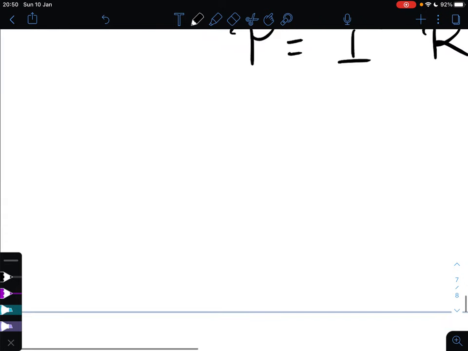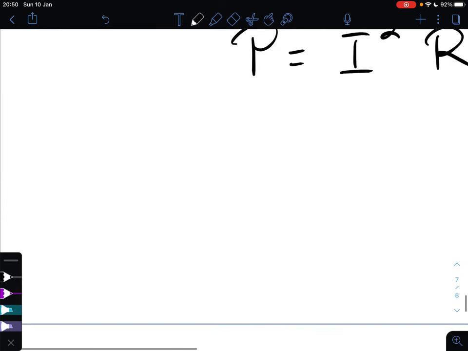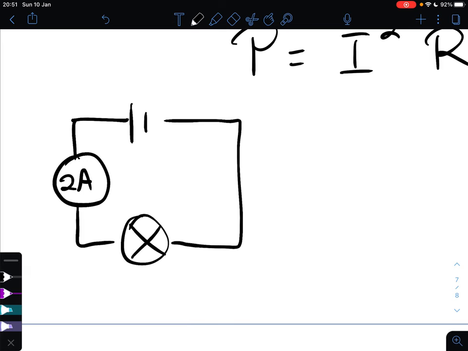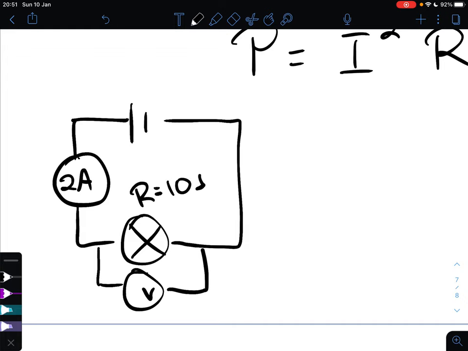And where you'd want to use it is if we go back to our circuit. Let's stick with 2 amps. We've got our bulb, and we've got our voltmeter, but then we're not interested in the voltmeter this time. But we know that the resistance of the bulb, for example, is 10 ohms.